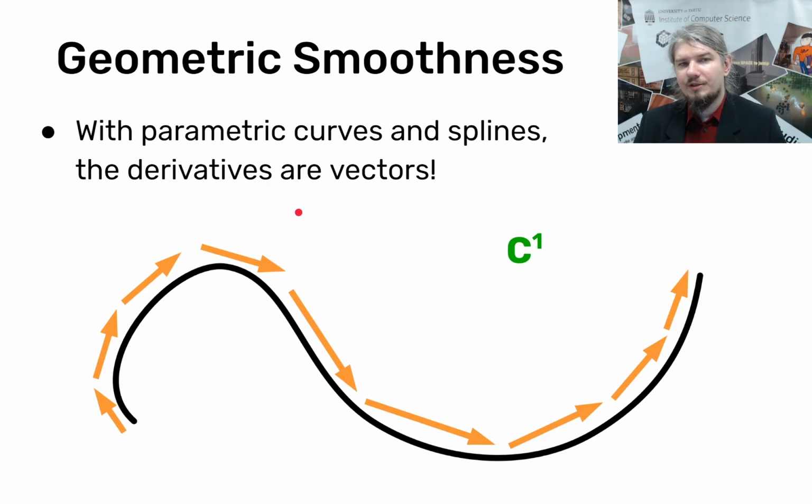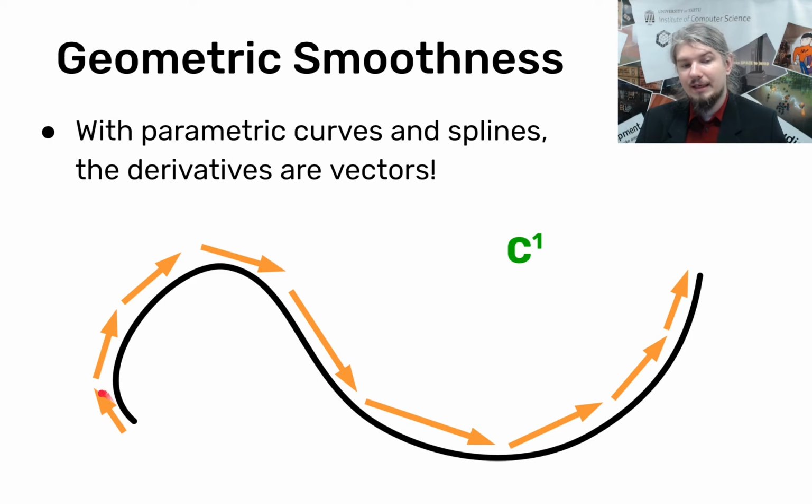Now we talked about this geometric smoothness as well. With these parametric curves and splines, the derivatives are actually vectors. Before, we had this line for the derivative when we had pure mathematical functions, but right now we have parametric curves, so we can represent the derivatives as vectors. In the beginning here, this arrow points towards where the curve is traveling.